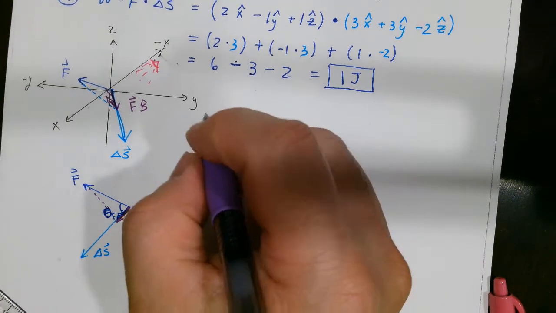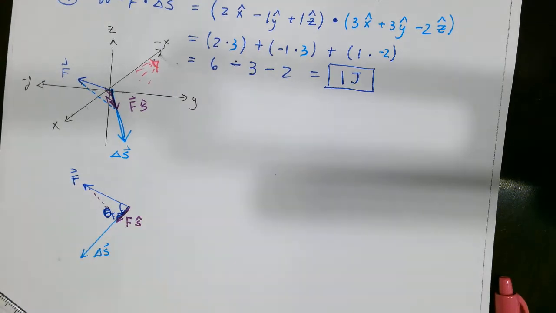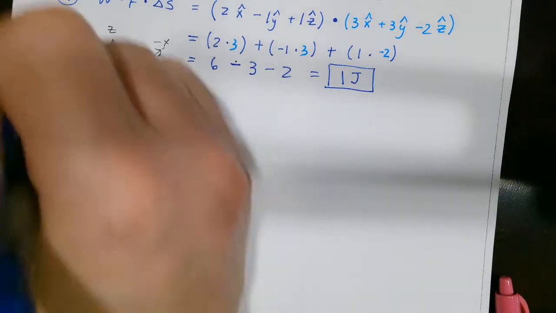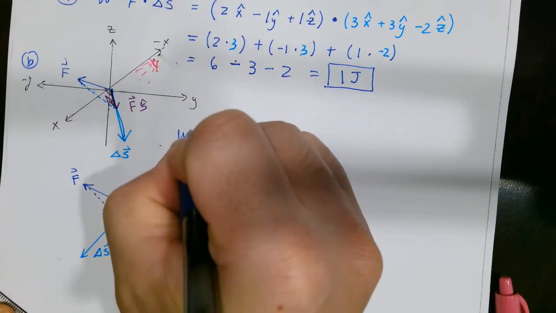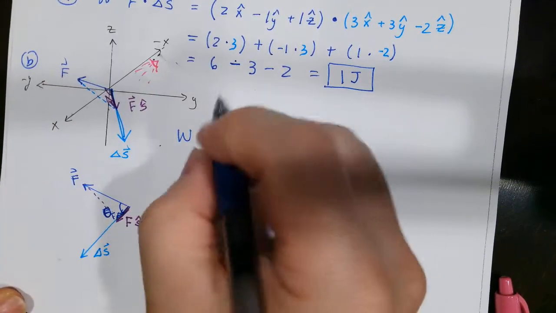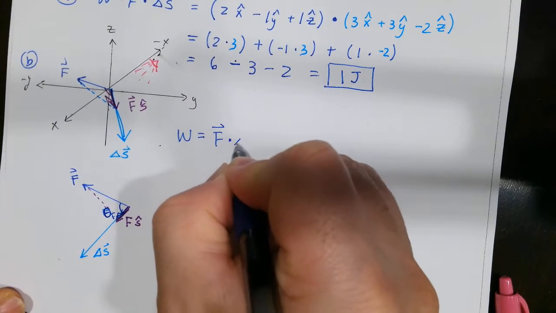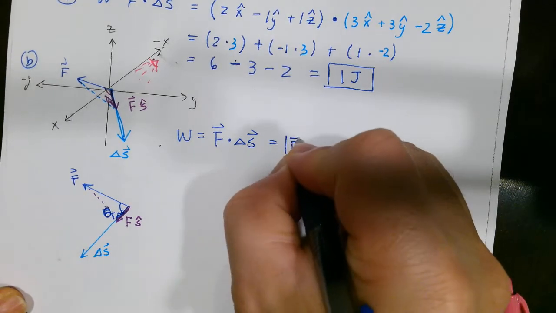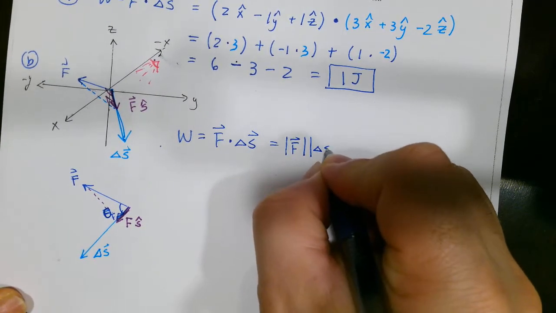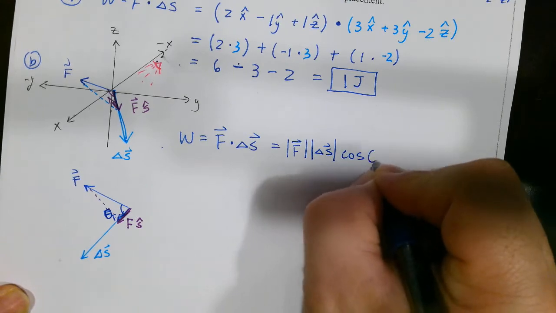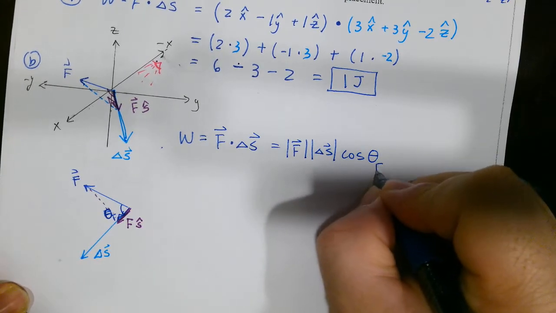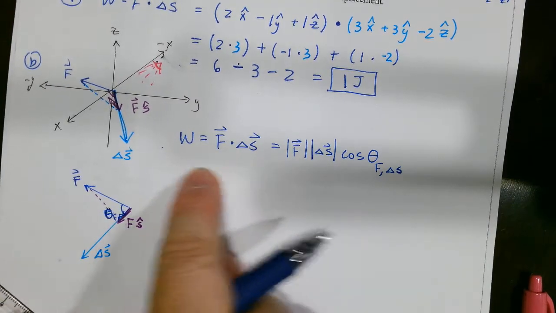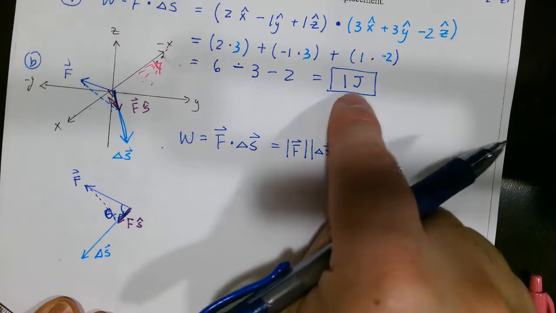Since work, we already said work is equal to not only this, that is also equal to the magnitude of the force times the magnitude of delta S times the cosine of the theta between F and delta S. We already know that this is 1. We already calculated that.